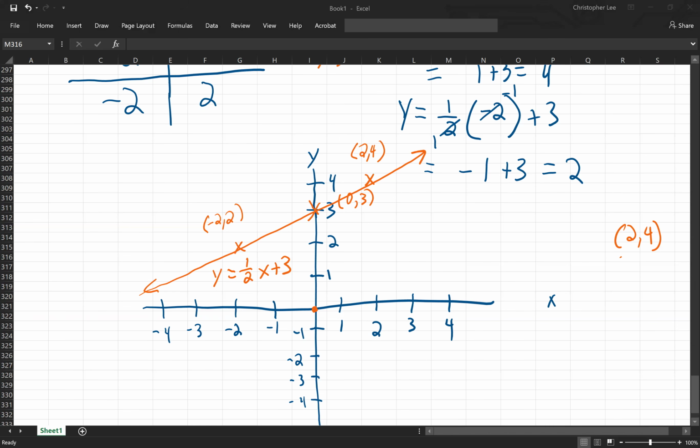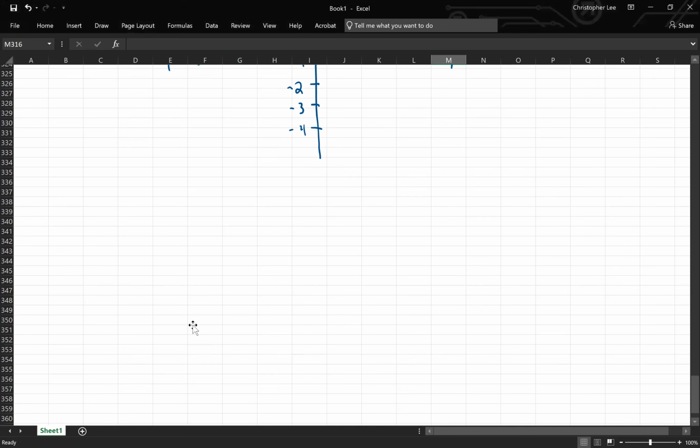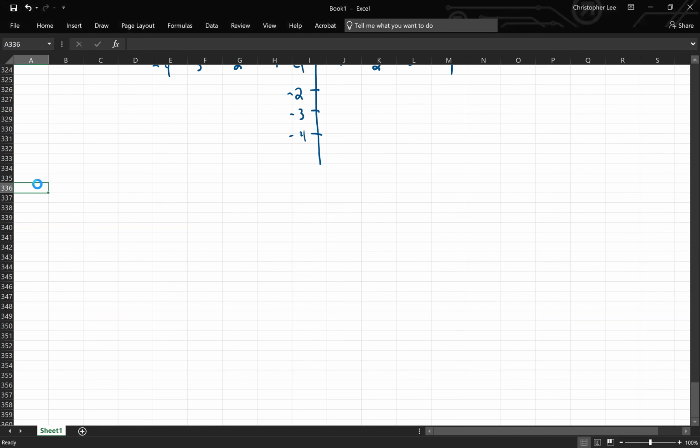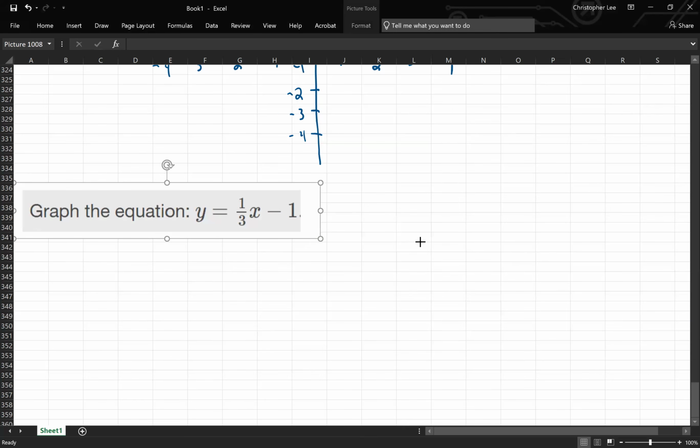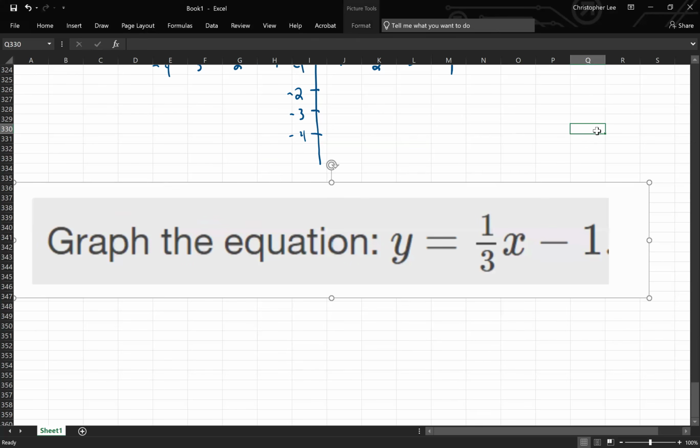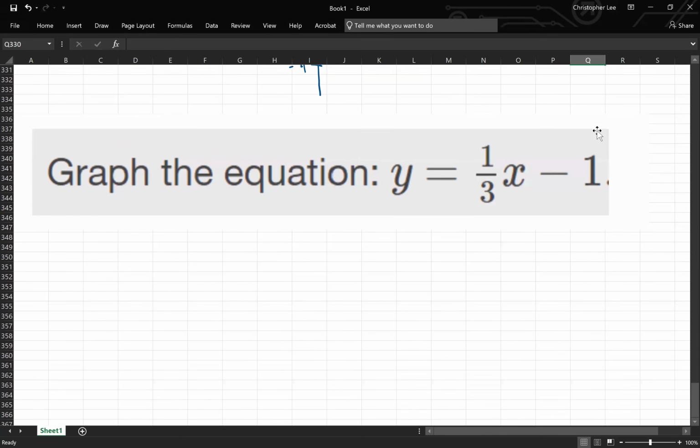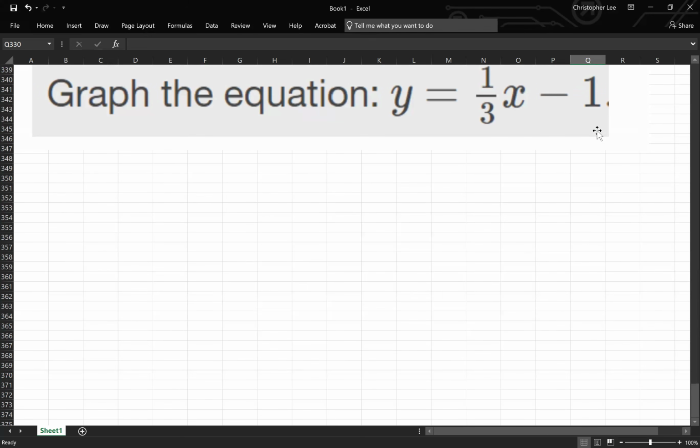In Excel, that's just a button that you click and that's it. So you guys try. Same rules and everything as before.